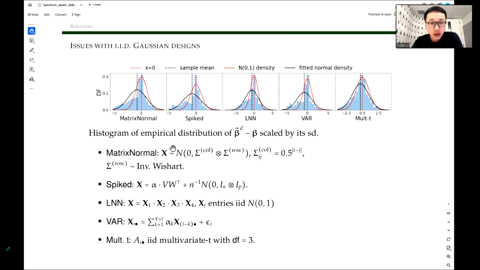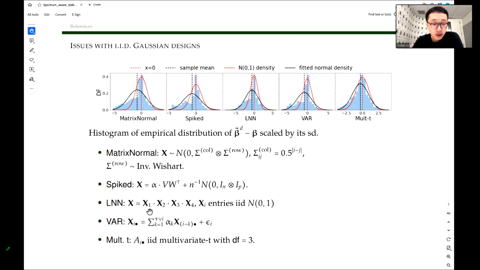So this is a simple simulation we did for degrees of freedom debiasing when the design matrix is not nice. For example, the first one is you have row and column correlations, so you have dependence across observations. The second one, you have a low rank spike structure.